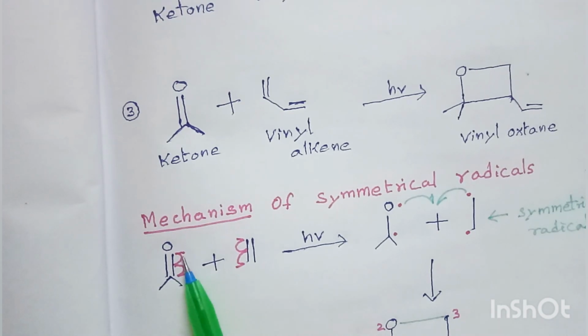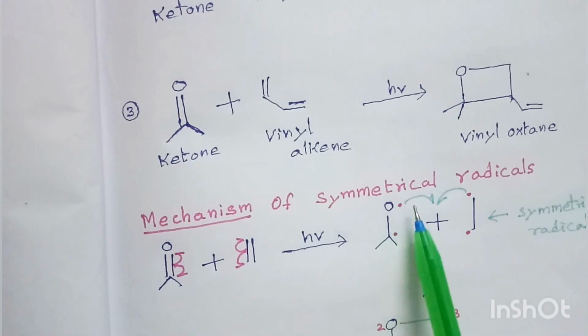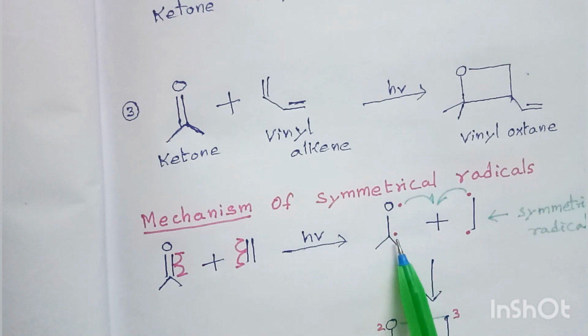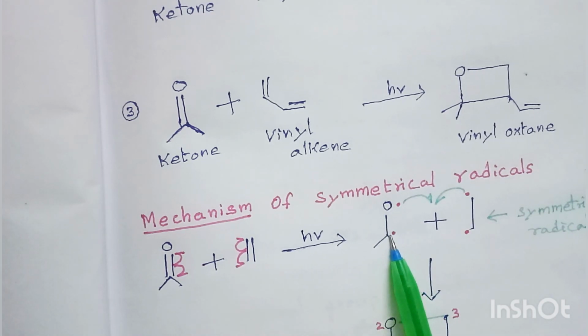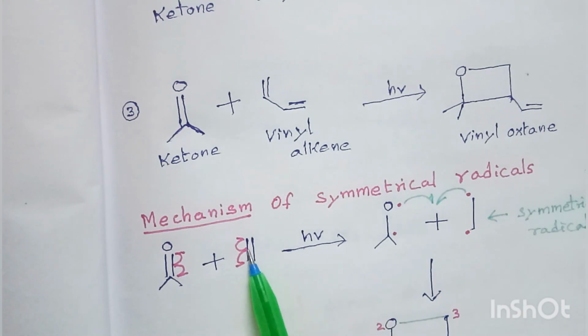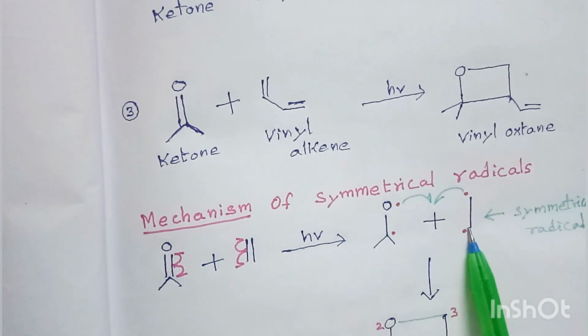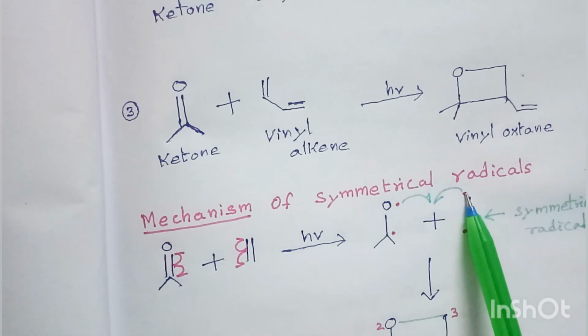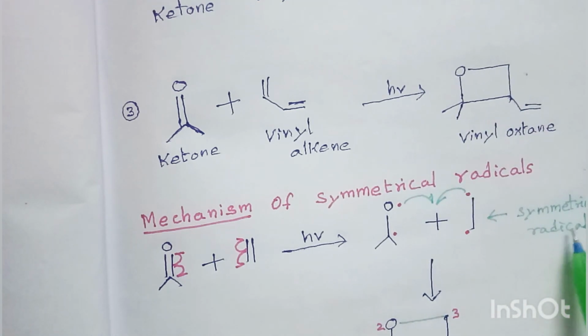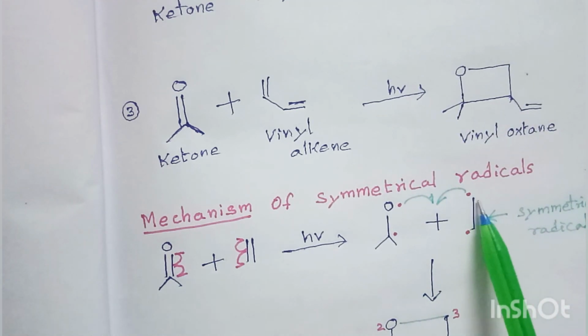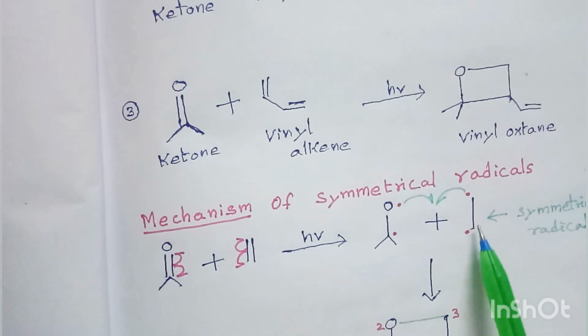This pi bond will cleave to give two radicals, one oxygen radical and one carbon radical. And this pi bond of the alkene cleaves to give two radicals, one on this carbon atom, another on this carbon atom. This is a symmetrical radical because both the radicals are primary here.